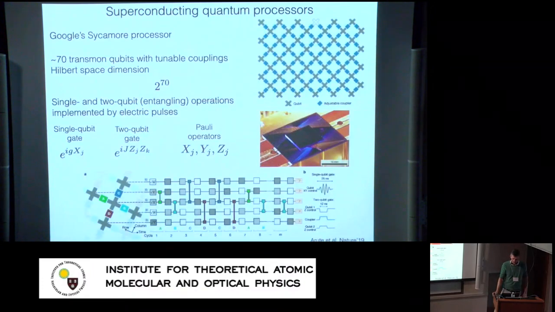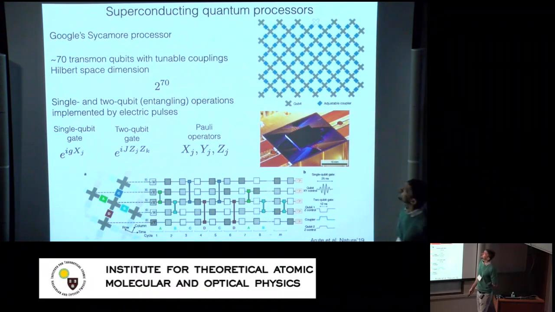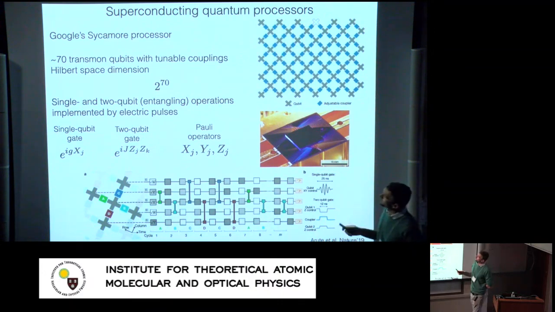Here the system is the Google superconducting quantum processor, right? This is, let's say, around 70 transmon qubits with tunable couplings, arranged in square geometry. And here you can apply any single and two qubit operation.